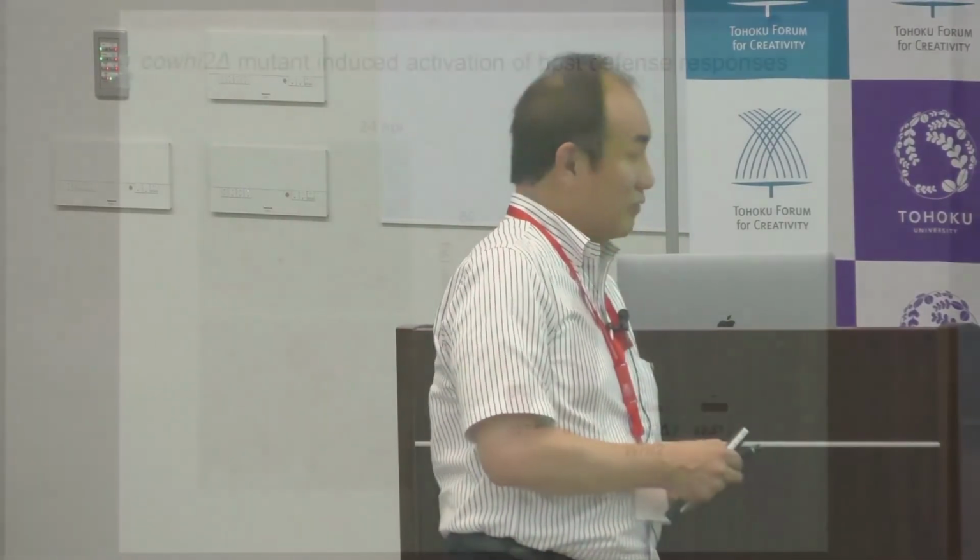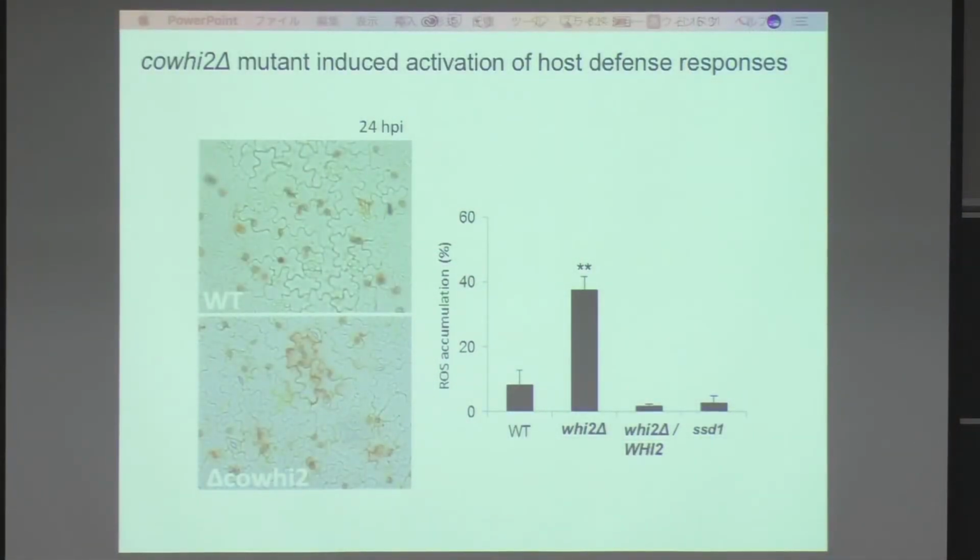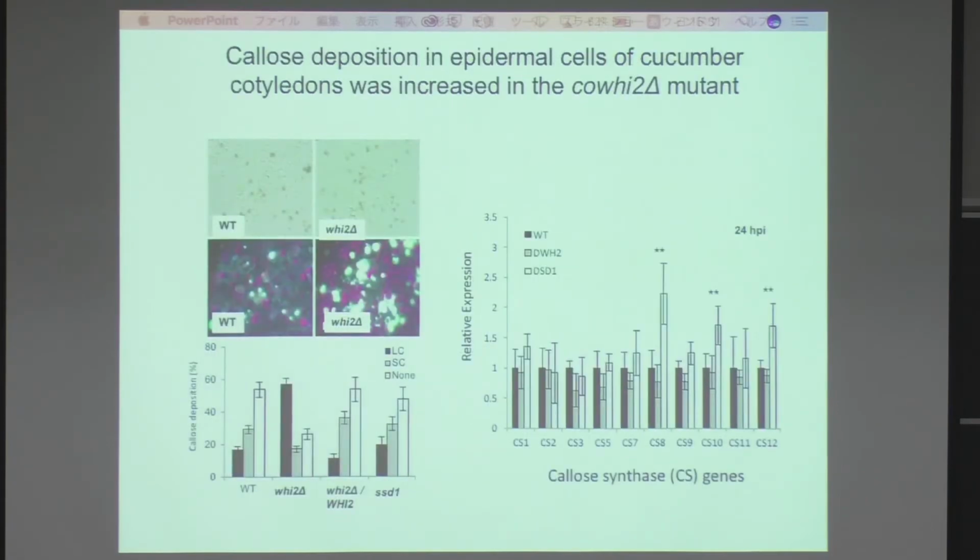So next, we evaluated the defense responses of cucumber with inoculation. This is the data of DAB staining. As you can see, ROS accumulation was much increased in V2 inoculation. And also, callose deposition under the appressorium formation. This signal showed that callose is much increased in the V2 inoculation.